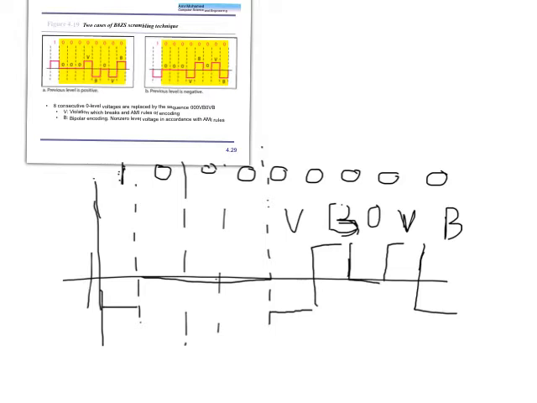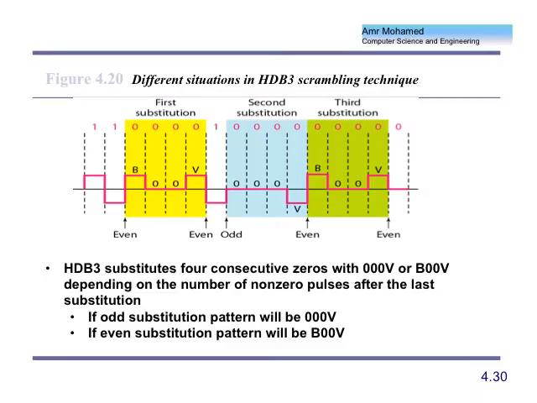Okay? So is there any other alternative? Yes, there is a small input that considers this. I'm going to have 2 substitution possibilities. Okay? So this scheme is used, by the way, outside of North America, like in Europe. This is used more in Europe. Okay?